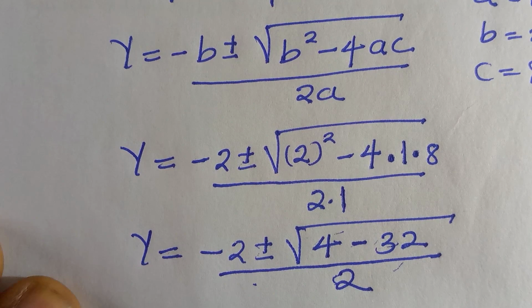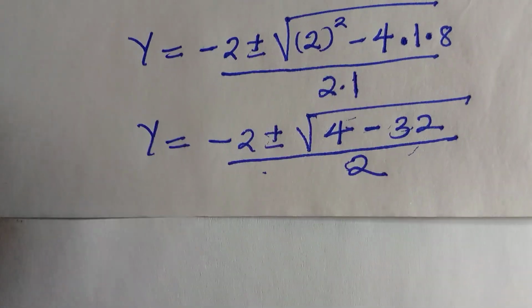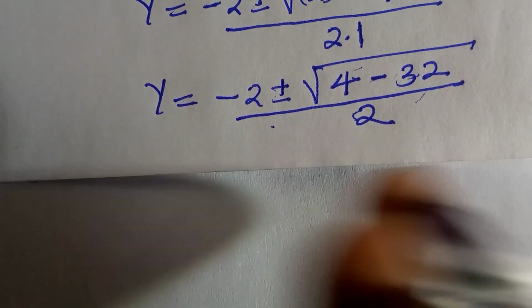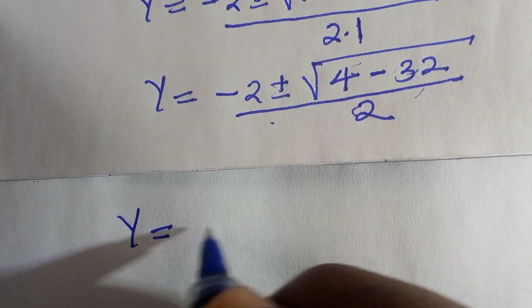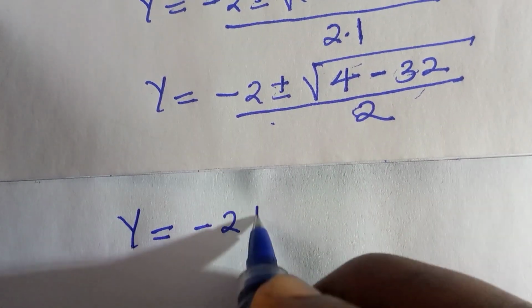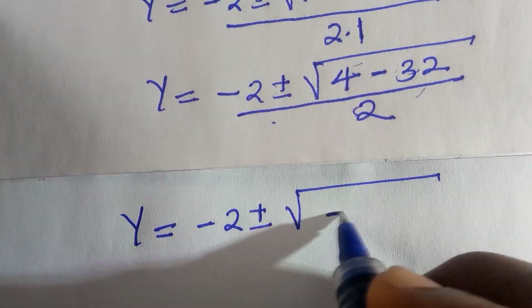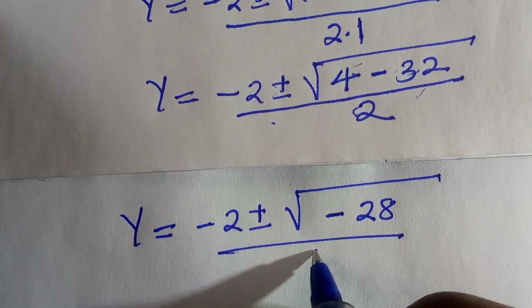Subtracting 4 and 32 from each other, clearly we are going to have a complex root here. Let's see how we can get that. y equals minus 2 plus or minus the root of minus 28, divided by 2.